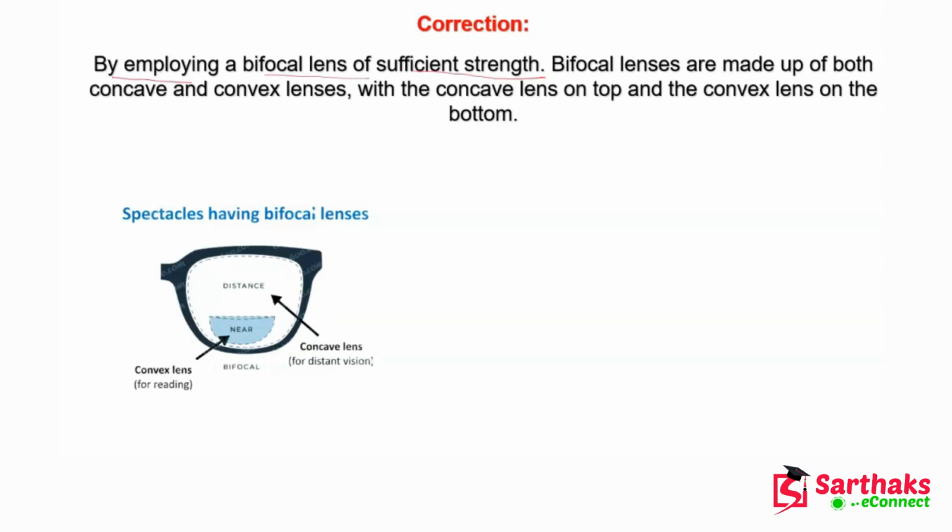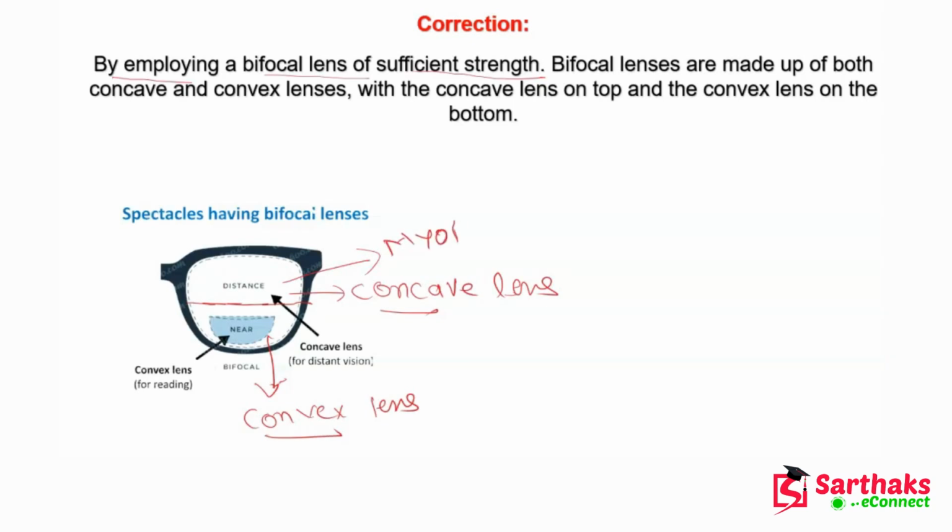In this image you can see that on the upper side of this lens we have used a concave lens, and here we use a convex lens. This concave lens will correct myopia, and this convex lens will correct hypermetropia.